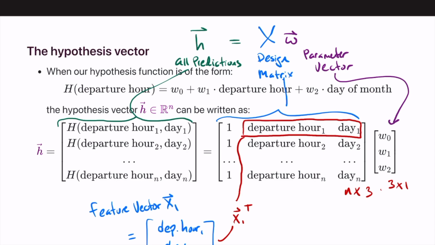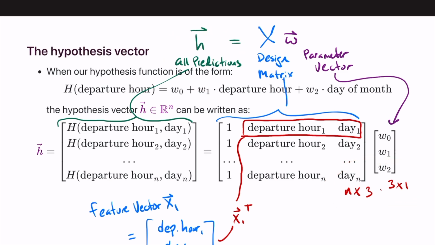Our design matrix is made up of a bunch of feature vectors that are transposed. And then, of course, we have that extra bias right here, but that's the connection. And that's important because these weights need to be multiplied into each row of our design matrix. And in order to do that, we need to have the feature vector constitute the entire row, because if we don't have that, then our predictions wouldn't mean anything. First of all, we wouldn't be able to do this anyways, because these dimensions wouldn't match.